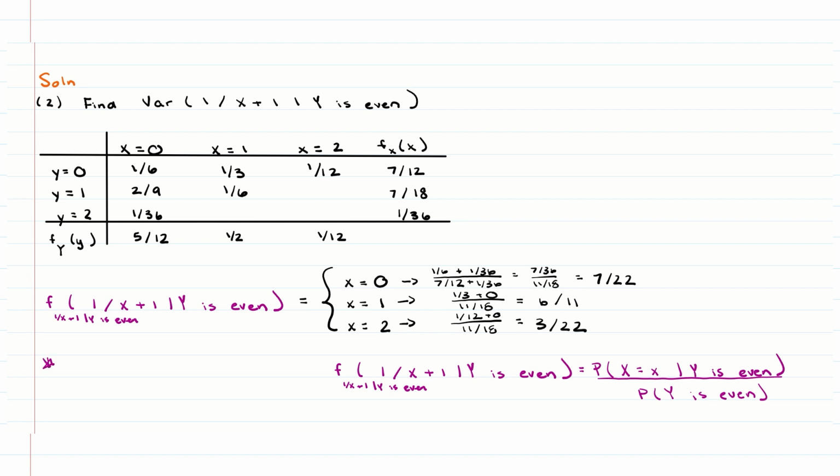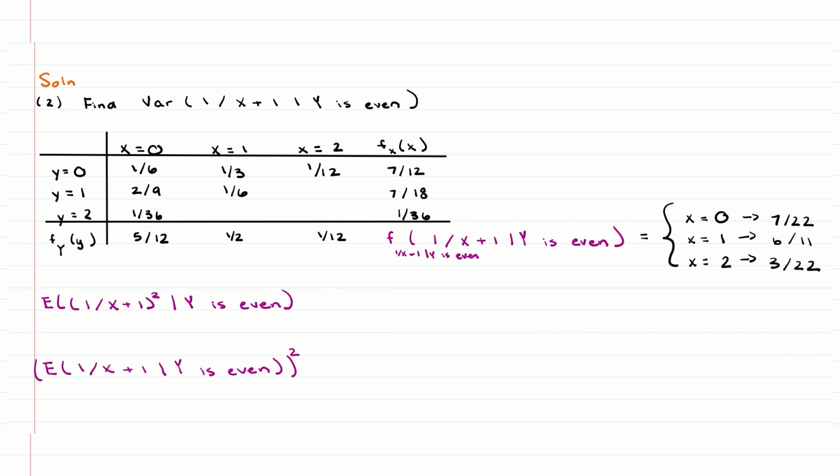Again, we'll take note of the fact that 7 over 22 plus 6 over 11 plus 3 over 22 equals 22 over 22, which just equals 1. So this is a valid PMF. So now we'll take this conditional PMF and use it to solve for our conditional expectations.